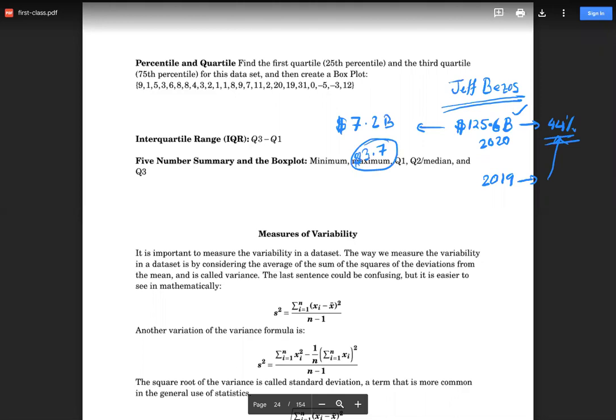In the stock market, they compare the results one year back for the same quarter. Last quarter of 2019, their net income was $3.7 billion. For the last quarter of 2020, their net income was almost double, $7.2 billion.